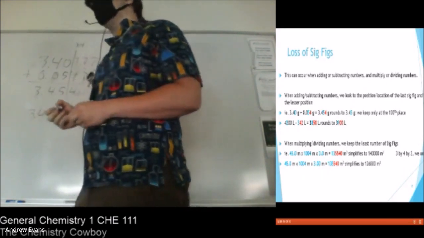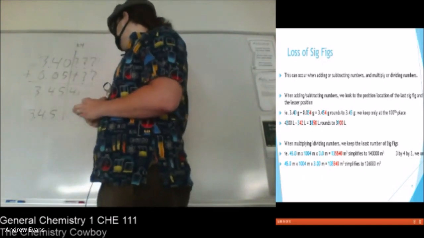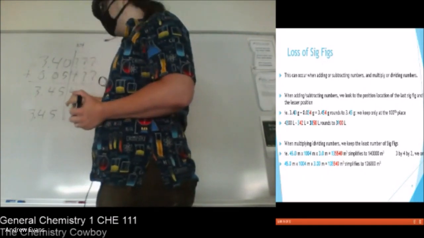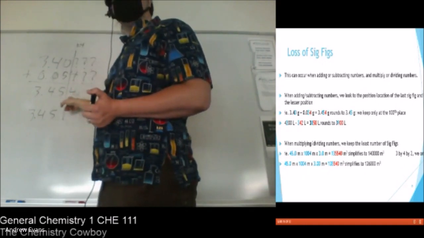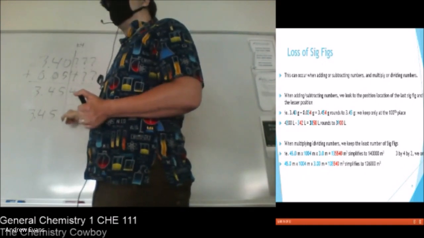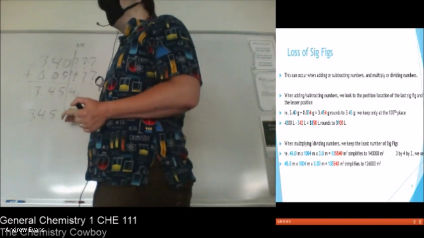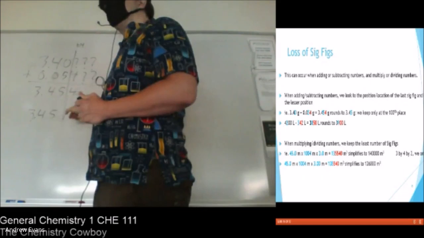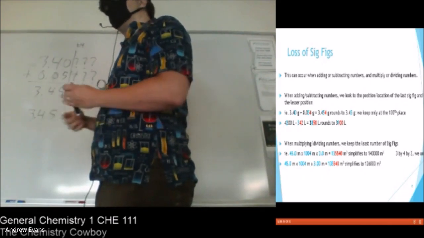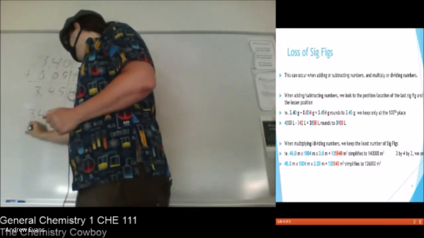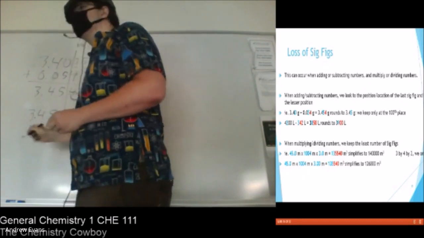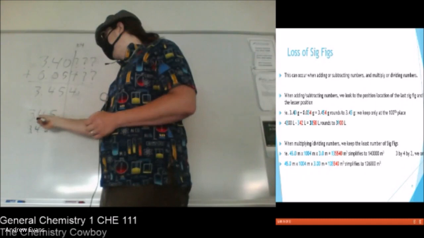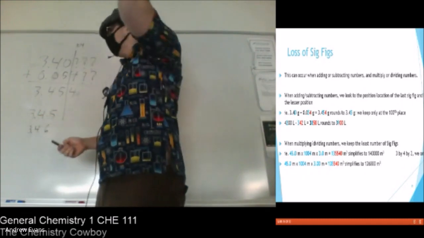That's all we know. Because what happens if this is negative 4? This goes down to 0, and we have 3.45. What if this is positive 4? You have 3.458. That can round up to 3.46. The idea being, our answer is somewhere between 3.45 and 3.46.